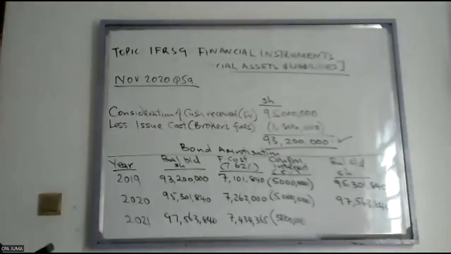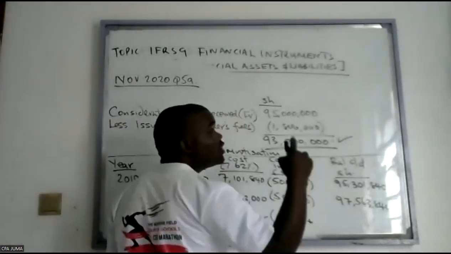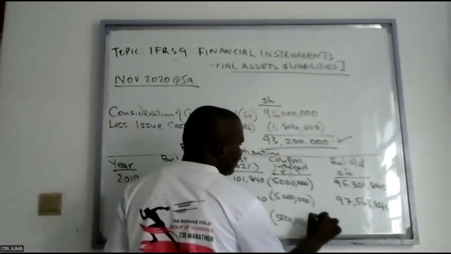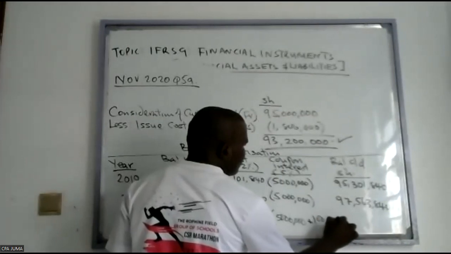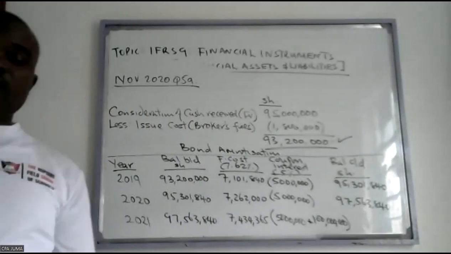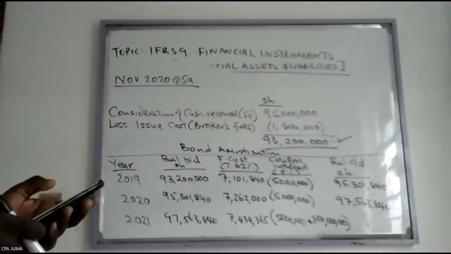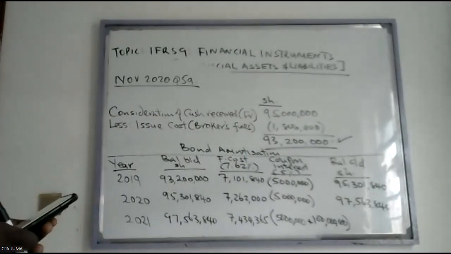Whichever. If they don't say at face value, rather they say at face value. So face value is 1 million times the 100, so 100 million. Face value is 100 million.